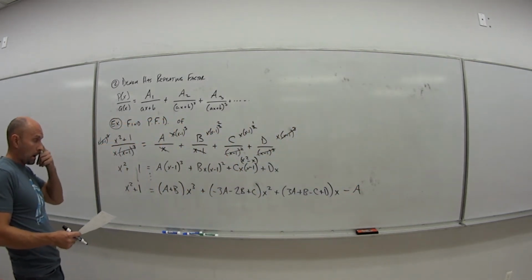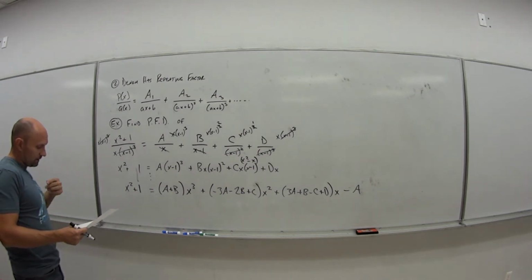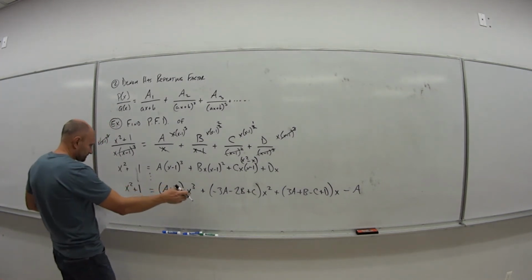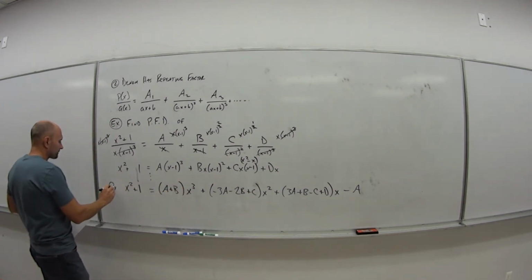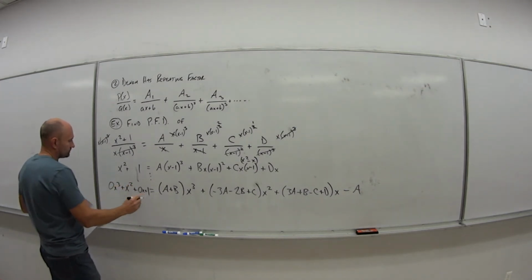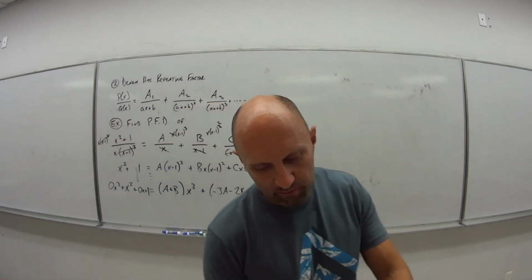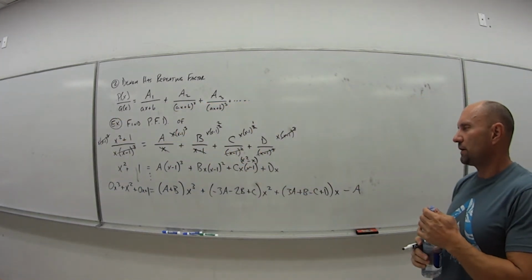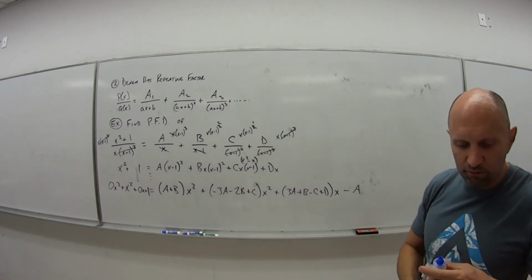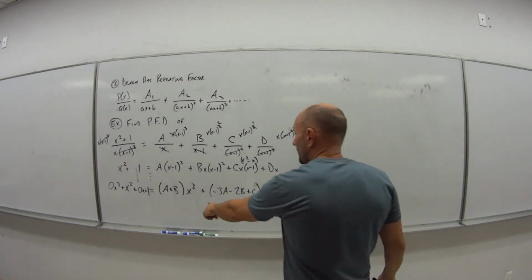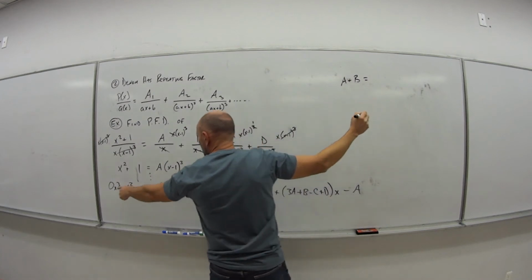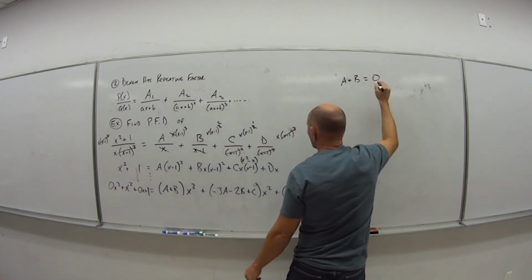No other constant values. So as before, I compare all the coefficients. I have an x to the third, and then I also have no x term here, so 0x plus 1. So I have to compare all the coefficients with the values inside the parentheses. So for x to the third, A plus B has to be the same as the coefficient of x to the third over there, that's 0.